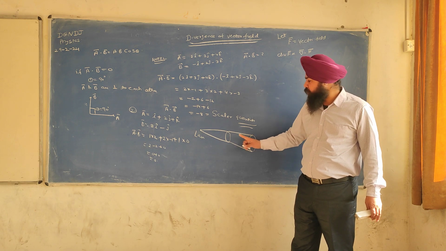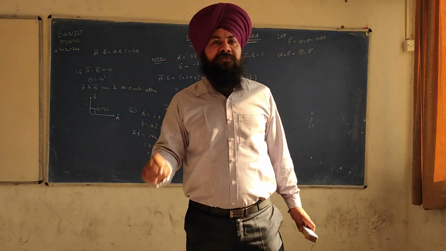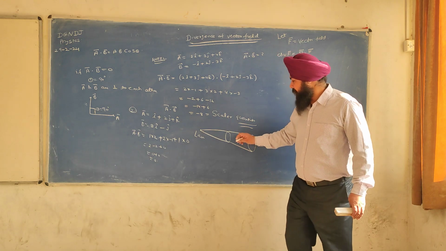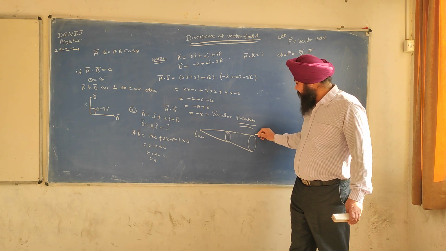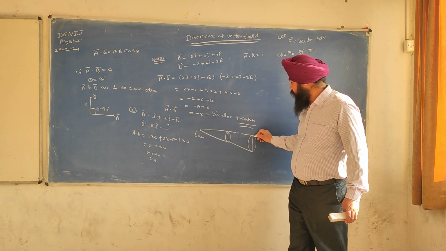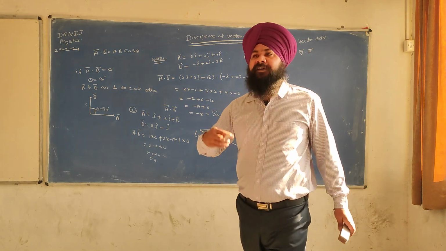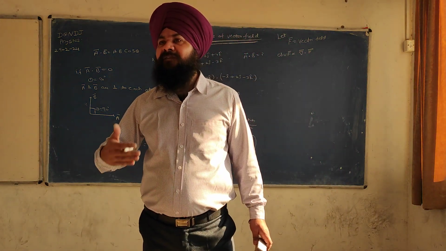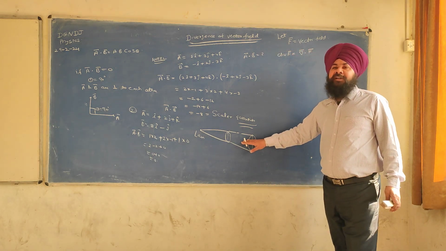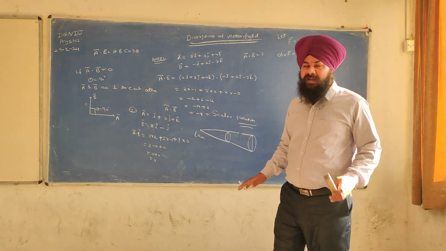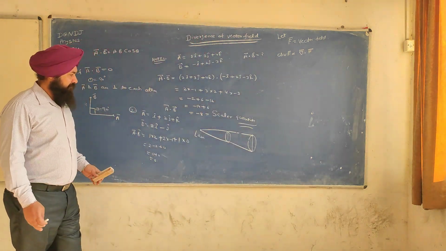It means it shows some sort of divergence. Here the spot size is less, but here the spot size is more as compared to this case. So it means light is getting diverged. Divergence of light takes place, but it is very less as compared to the ordinary source of light.